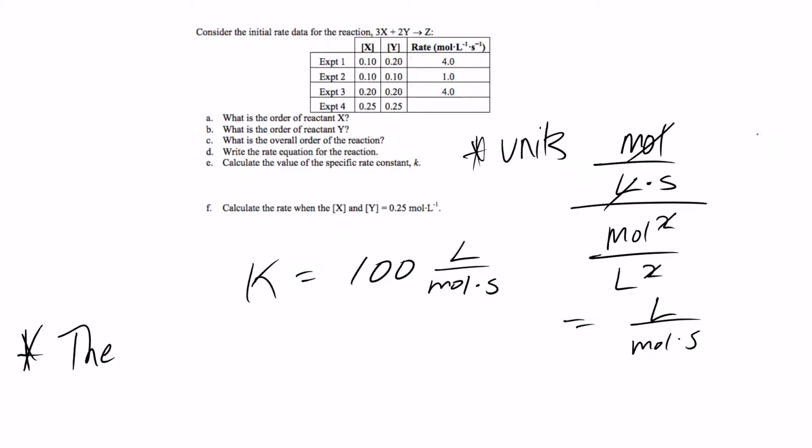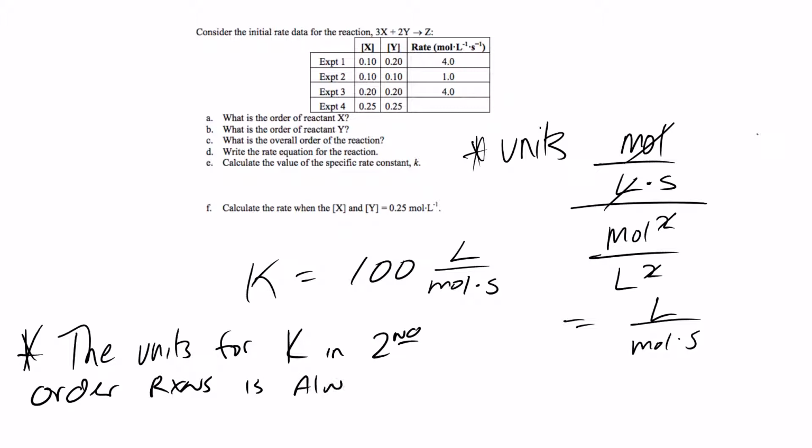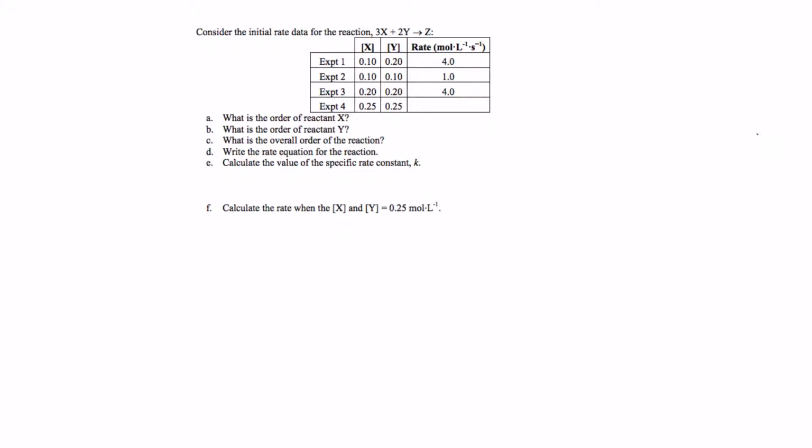You can also just memorize it. I suggest you do for 0, first, and second order reactants, what are the units for K. So again, it's always going to be liter per mole second. There's a table that's included on your practice problems for this unit that has 0, first, and second order K units. Memorize those.